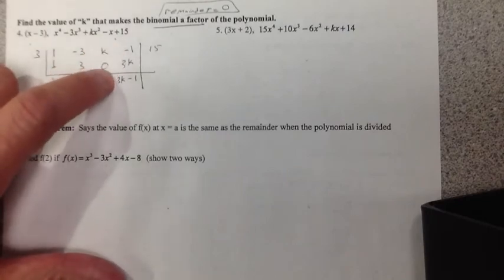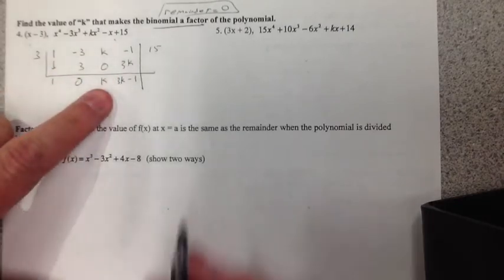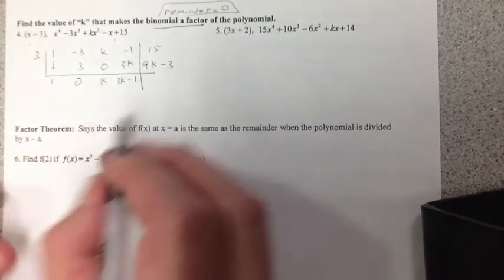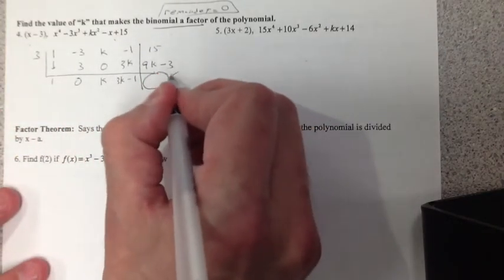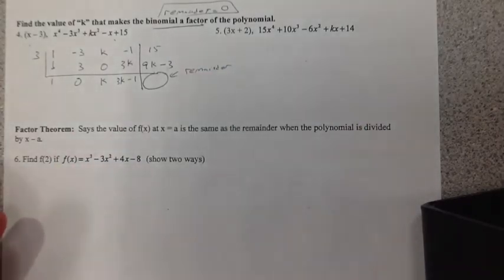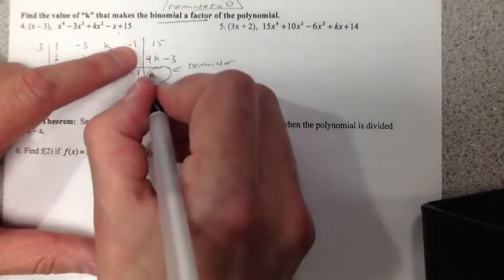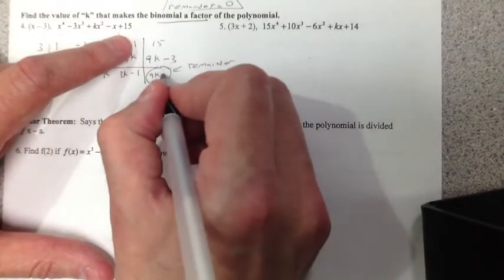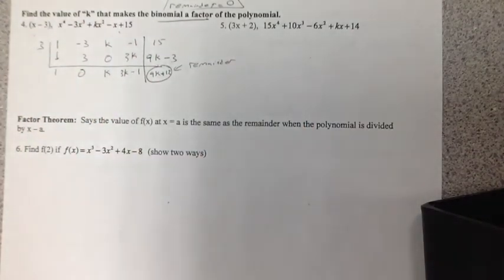Because you have to add them together, be very careful with this one. Multiply by 3, 9k minus 3. Now, this is my remainder, okay? That's my remainder. And if I simplify this, we get 9k, be careful, 15 minus 3, plus 12.